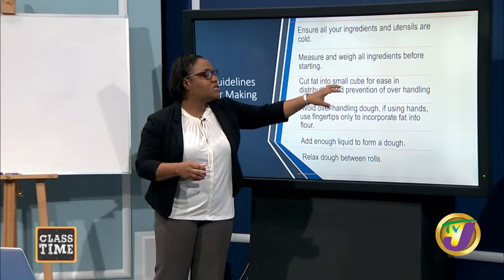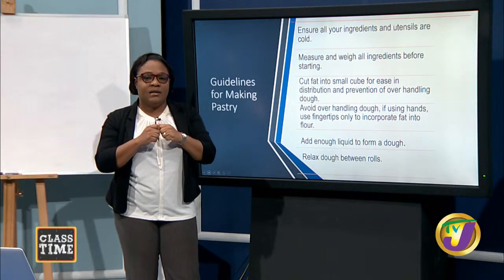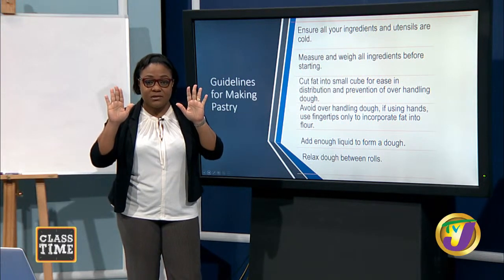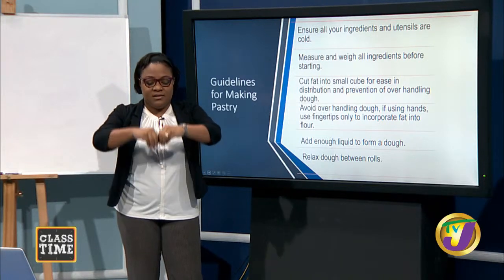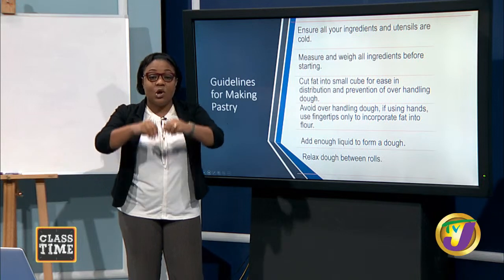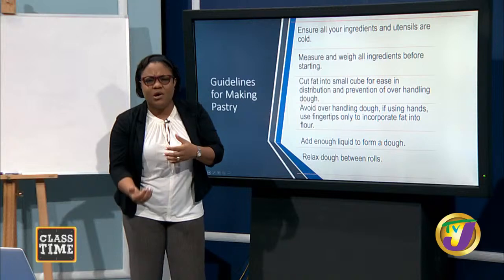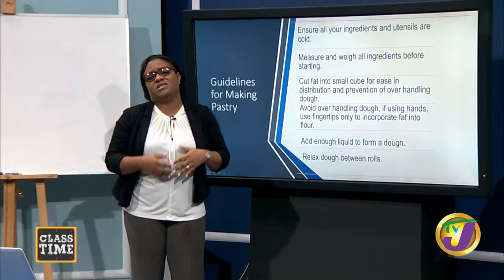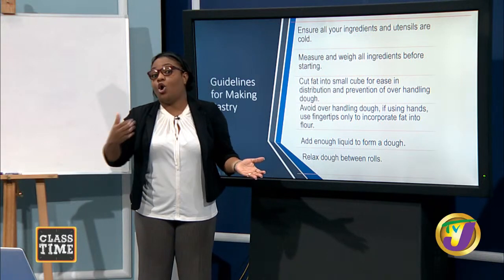Cut the fat into small cubes for ease of distribution and to prevent overhandling. Your palms are warm. Once you're using your hands to aerate by lifting it up or cutting the fat into the flour, you are bringing down the temperature of the fat. That's why most persons would use a food processor. That is what is current now.